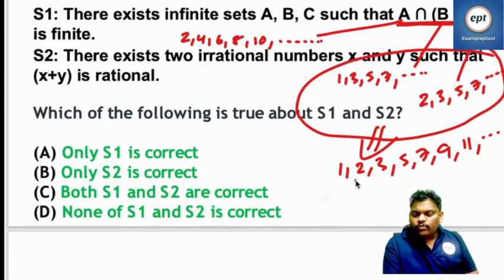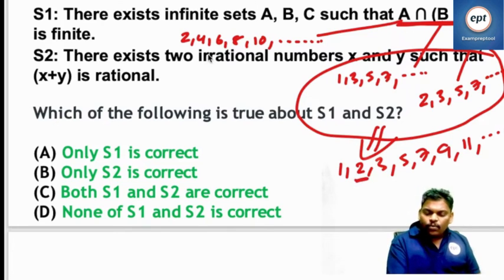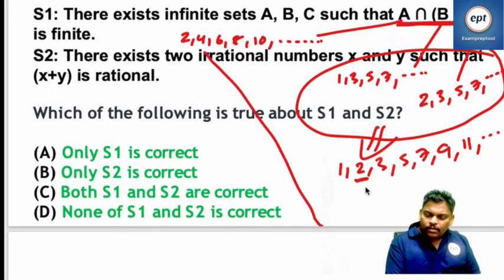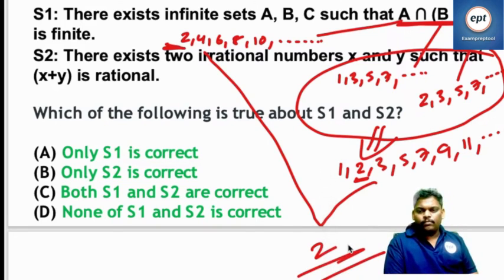Interesting thing is 2 also will come. Now even numbers, these odd numbers, do intersection. I think 2 is common. Odd number union prime number gives all odd numbers and 2 extra also.